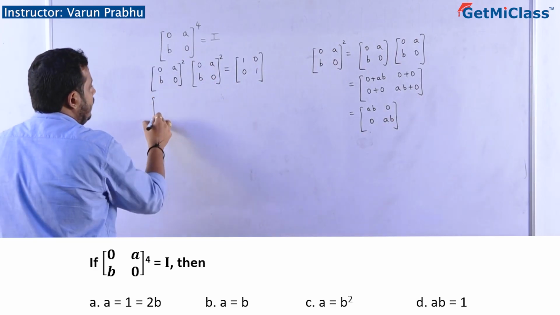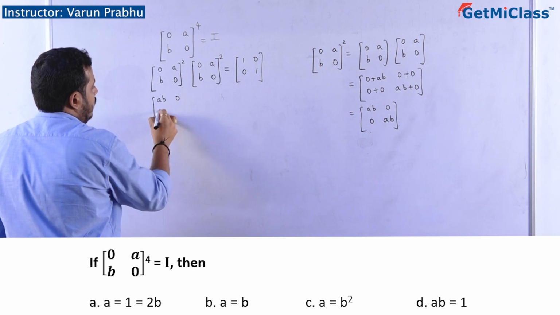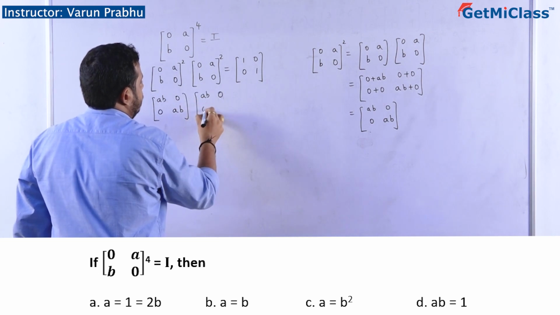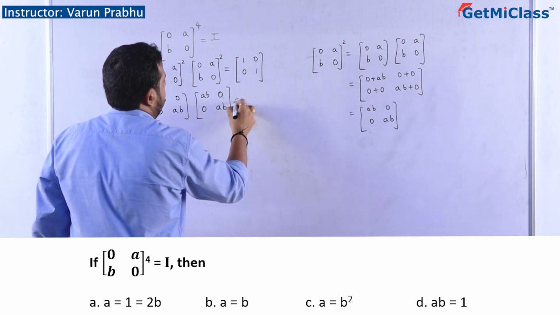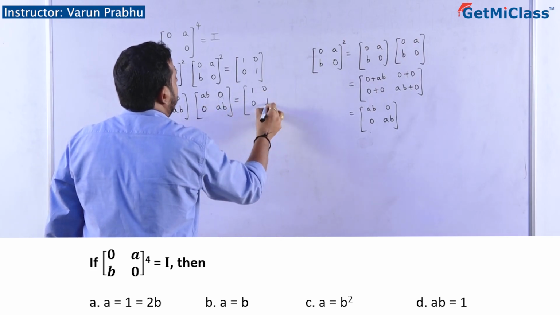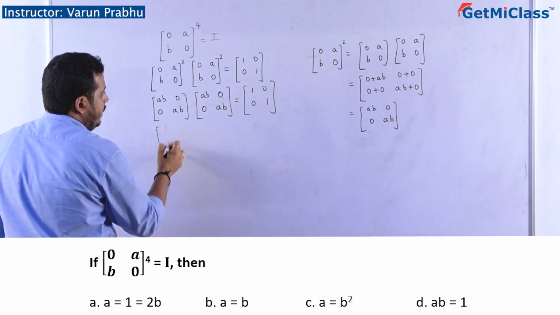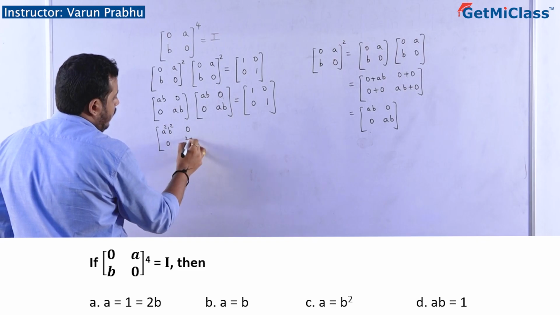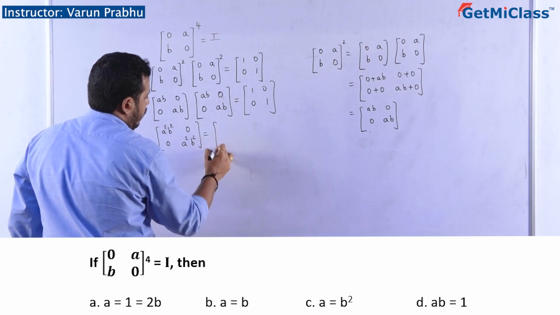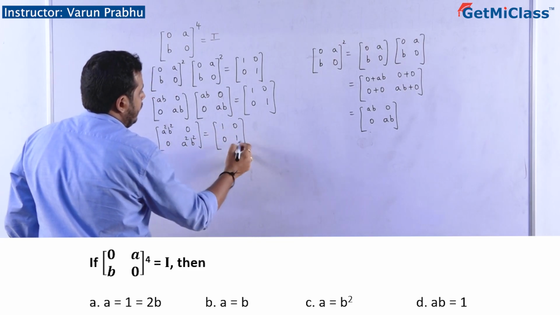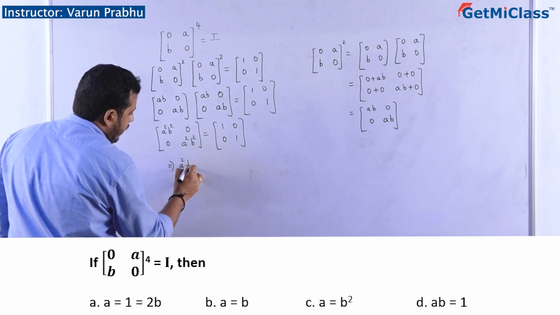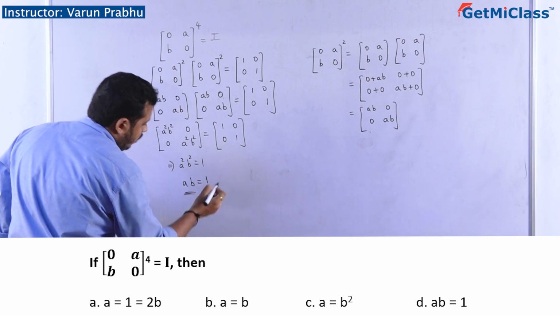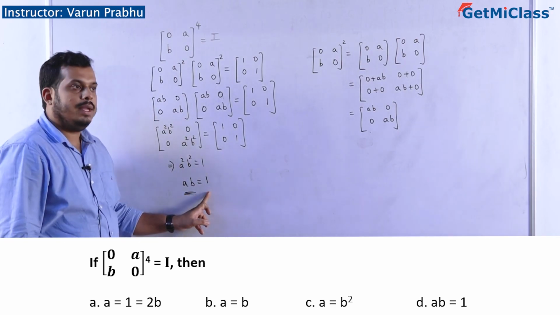So here I can write [ab 0; 0 ab] multiplied with [ab 0; 0 ab], that is equal to [1 0; 0 1]. So I can write [a squared b squared 0; 0 a squared b squared] equal to [1 0; 0 1]. This implies that a squared b squared is equal to 1. So ab is equal to plus or minus 1. ab is equal to 1 is seen as the option.